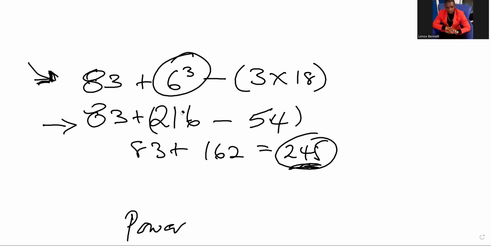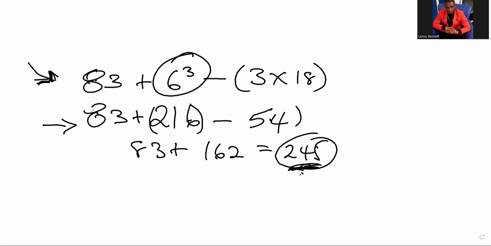Sometimes it doesn't matter, but sometimes it will affect the answer, guys. So do the right thing: do the exponent first, because in some cases it actually affects the answer. But it works out to 245. That would have been the correct answer.